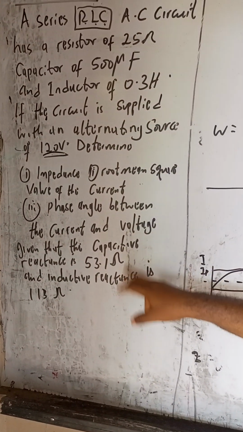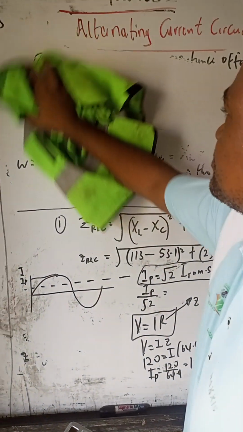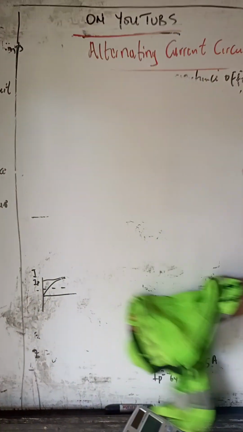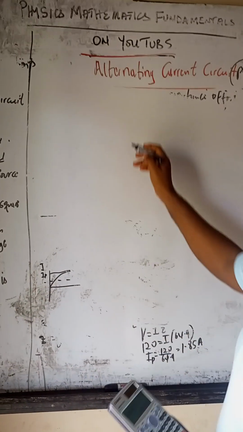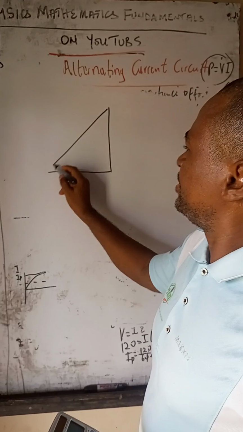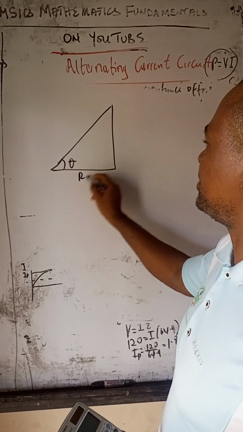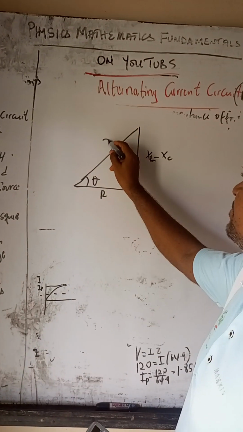Now, the next question says we should find the phase angle between the current and the voltage, given the capacitive reactance and the rest. We know very well the relationship between all these parameters. I have R here, XL minus XC here, then I have Z here.